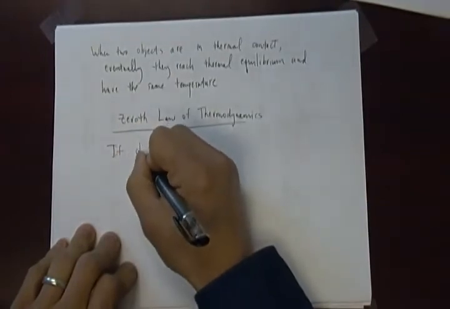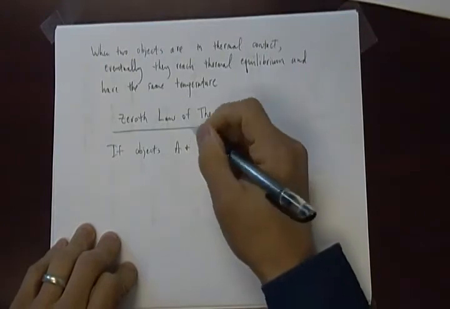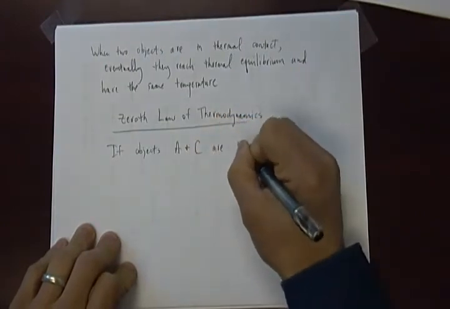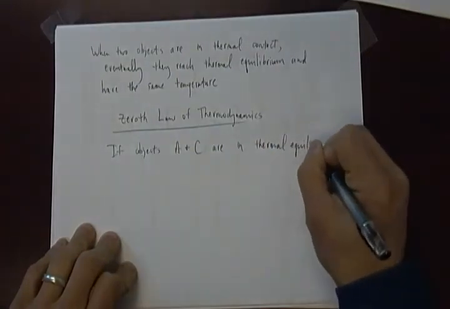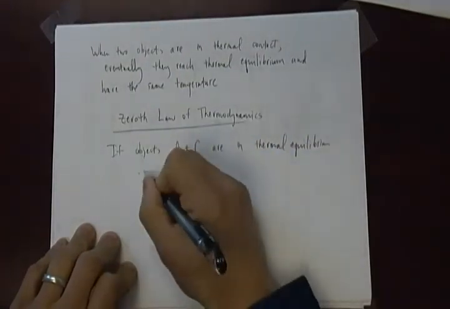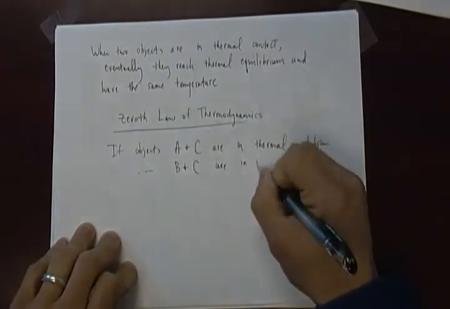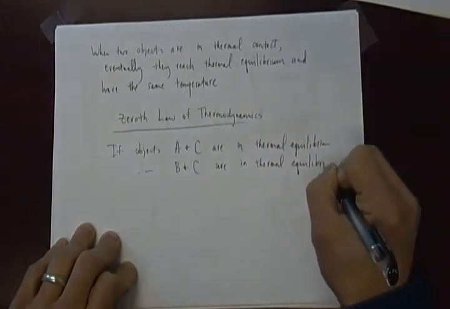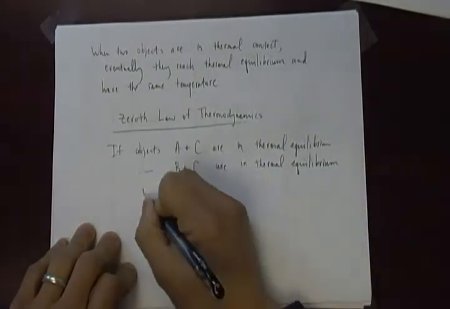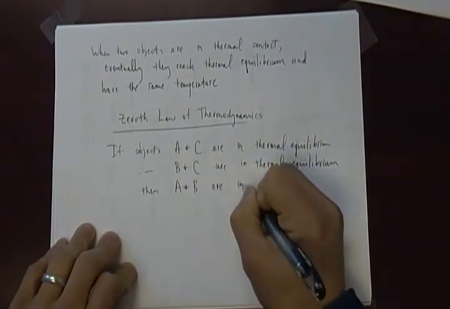And it says something pretty straightforward. If objects A and C are in thermal equilibrium, and objects B and C are in thermal equilibrium, in other words, they have the same temperature, then A and B are in thermal equilibrium.